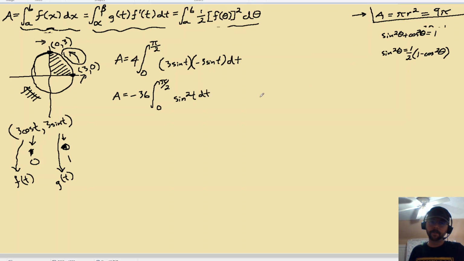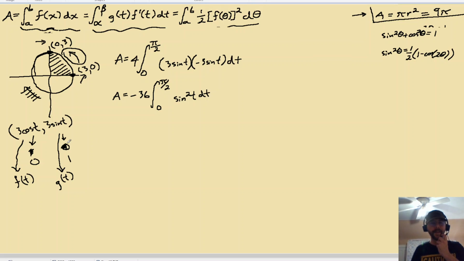So, yeah, we're going to substitute that in, and this is supposed to be a 2 theta. Multitasking is not one of my strong points. That's not supposed to be squared. 1 minus cosine of 2 theta.